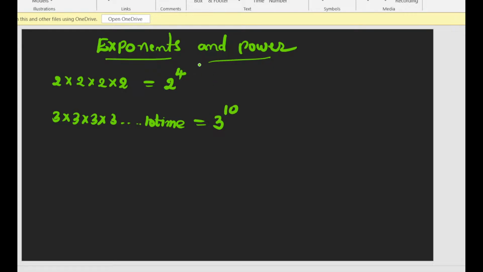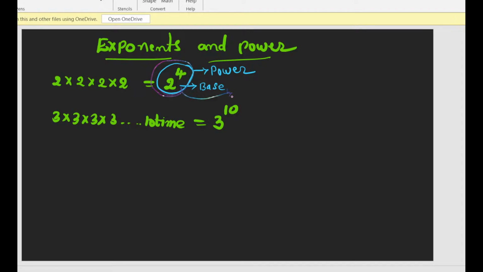In this, the 4 we call a power. Here 2 we call the base, and this complete term we call an exponent. If you look at here, same thing.